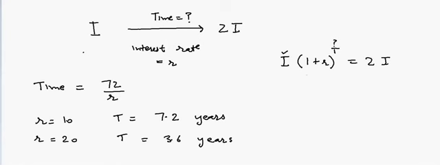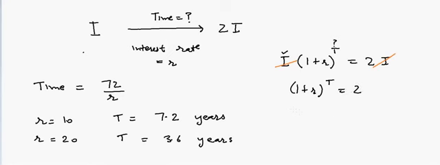Now if we solve this equation, I will be cancelled out by the other I. So this will cancel out, and then we have (1 plus R) to the power t is equal to 2.